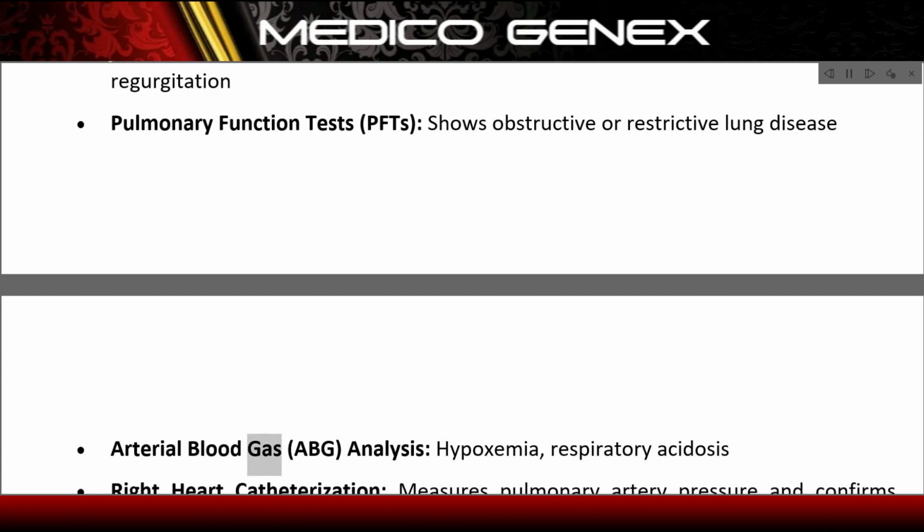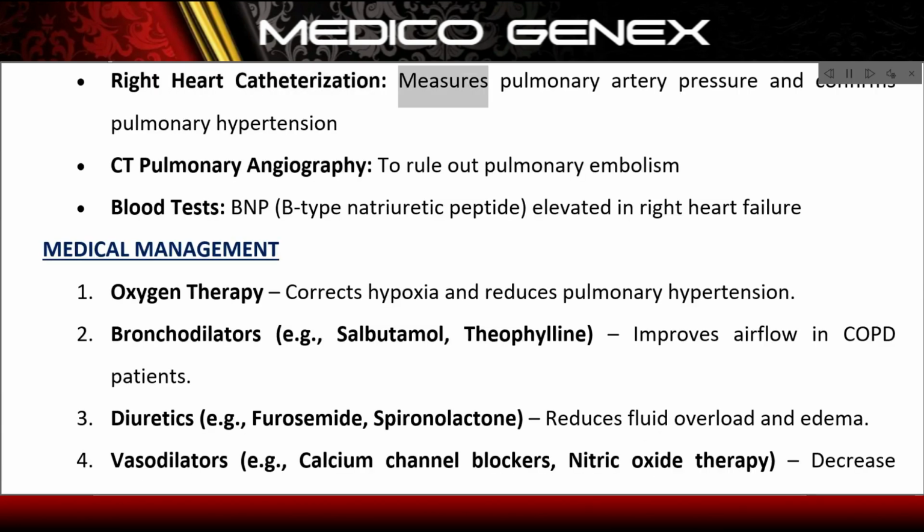Arterial blood gas, ABG, analysis, hypoxemia, respiratory acidosis. Right heart catheterization, measures pulmonary artery pressure and confirms pulmonary hypertension. CT pulmonary angiography, to rule out pulmonary embolism. Blood tests, BNP, B-type natriuretic peptide, elevated in right heart failure.